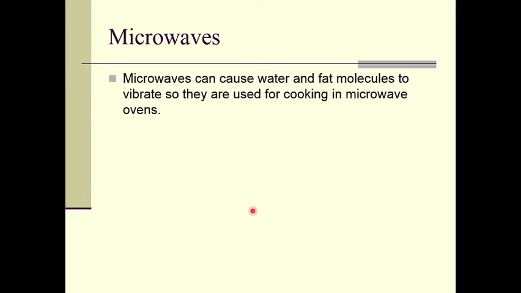In a microwave oven, the microwave source is used, and when the microwaves are incident on the food, the water molecules inside the food receive the microwaves and vibrate, and during these vibrations they produce a large amount of heat, and that heat will cook the food, right.